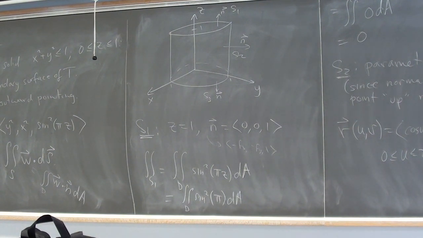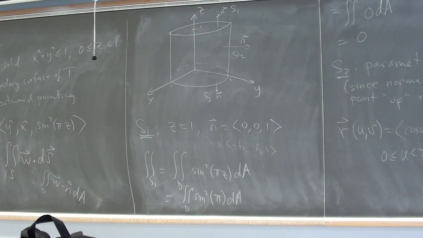Here you have y squared, but your y is sine u. So this is actually sine squared u, cosine squared u, and sine squared pi v, dot product with cosine u, sine u, 0.